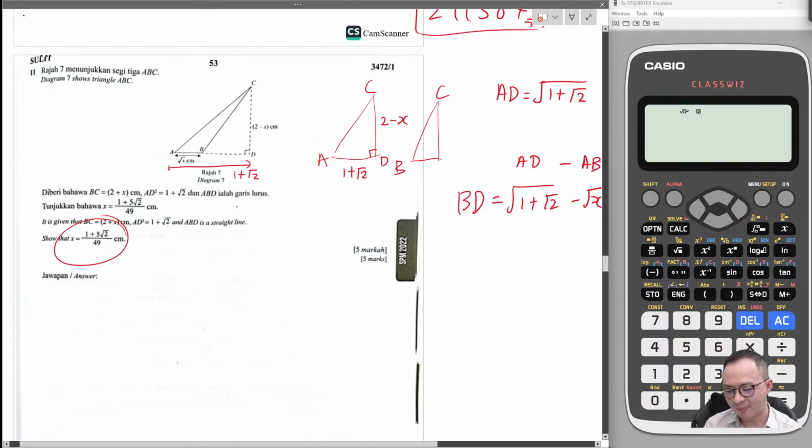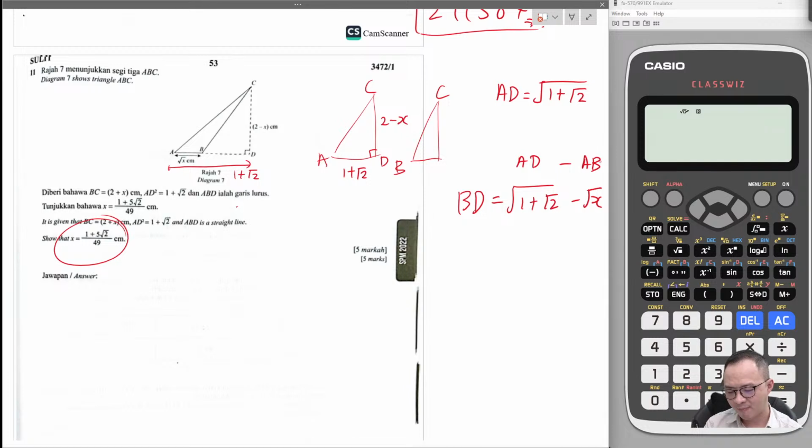Okay, after I got the BD, what should I do now? Square root x. I feel like we need one more piece of information to show this. I don't know, I'm kind of stuck on the first question. What's wrong with me?